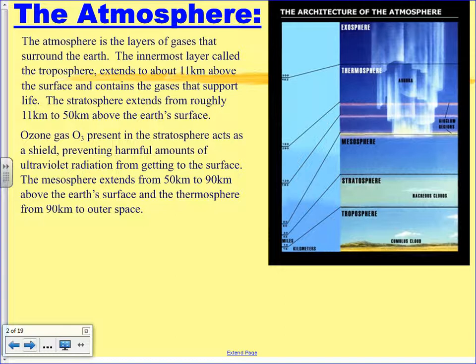Okay, it is in the stratosphere, and it shields us from many of the harmful wavelengths of radiation that come from the sun. Okay, especially ultraviolet light. Okay, but it also helps to deflect things like X-rays and gamma rays and stuff like that that are also very, very bad. So if you spend a lot of time at high altitude, you actually get a lot more radiation than you do lower down.